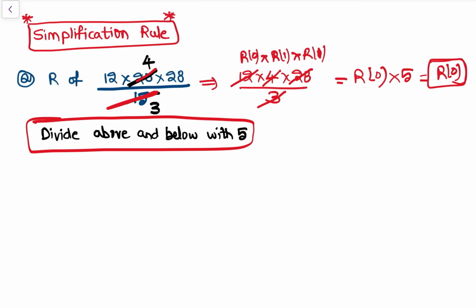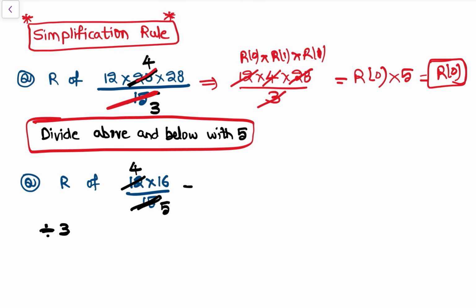So let's do one more question, you will get more clarity. See, let's see this one question, that is remainder of 12 into 16 upon 15. सिंप्लीफिकेशन से मैं क्या करूंगा, see ये दोनों 3 टेबल में आता है, 5 3 टेबल में आता है, 12 3 टेबल में आता है, so 3 5s are 15 and 3 4s are 12, so I have divided above and below with 3.